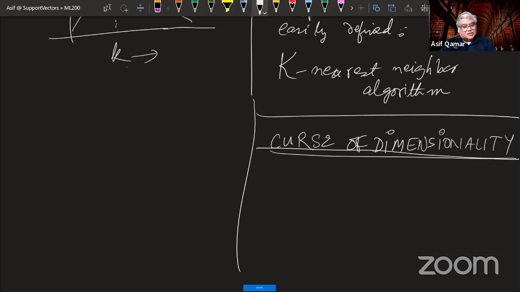So it's not representative. The further off you go in distance, the less representative they are of your local context.